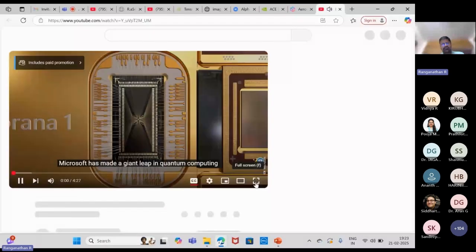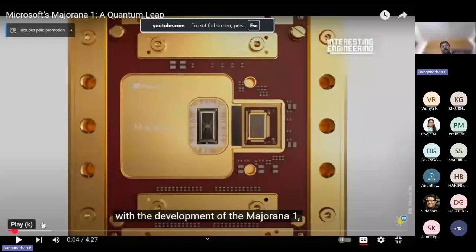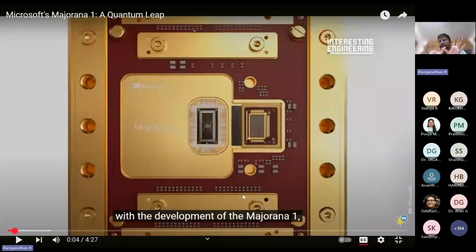So they've released something called Majorana 1, which they say is very powerful. It is capable of holding a lot of qubits, using which they say, compared to existing applications, they will be able to make it 15 or 20 times more powerful, right? So that's what they had launched. Let's quickly look at this.